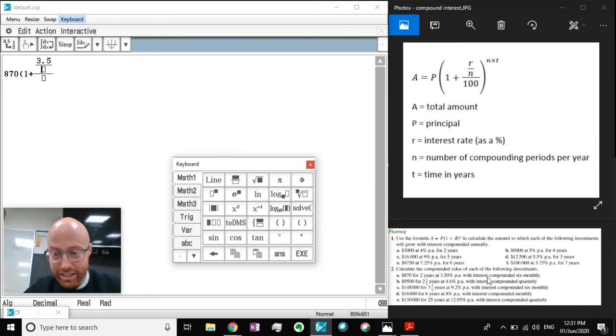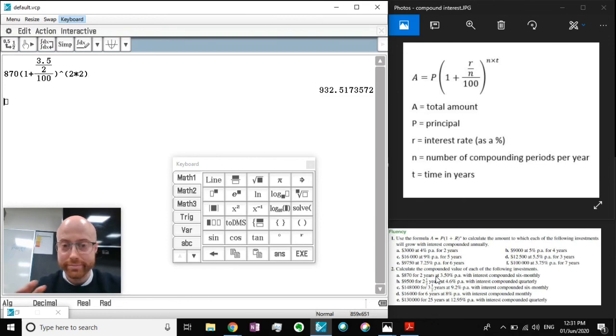Our N, 6 monthly, which means it's compounded twice per year. 2. 100 is 100 to the power of N times T. N was 2, and it was 2 years. Done deal, that's it. 932.52. Easy peasy.